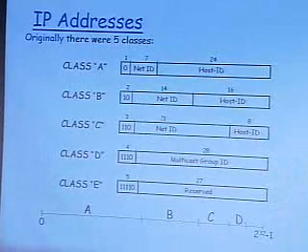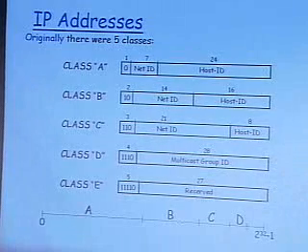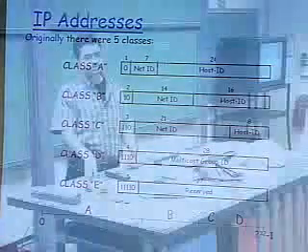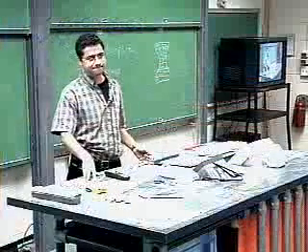So this was the original demarcation of the address space. And when an organization joined the internet, it was assigned one of these 3 classes, depending on the size of the network that was joining the internet. So you got a class A address, class B address, or a class C address. Yeah.